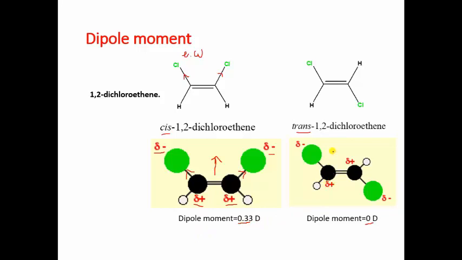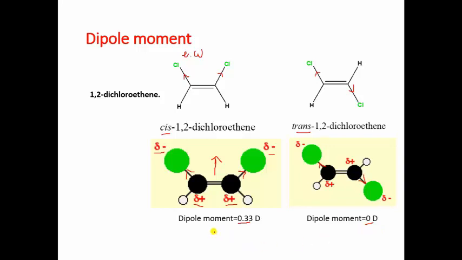But in the trans example you can see chlorine is also an electron withdrawing group. It pulls the electron towards itself but in the opposite direction. One chlorine pulls the electron in one direction and the other chlorine pulls it in the opposite direction. So the charges cancel each other out, and it has zero dipole moment.